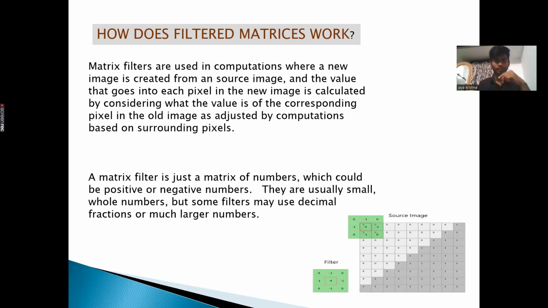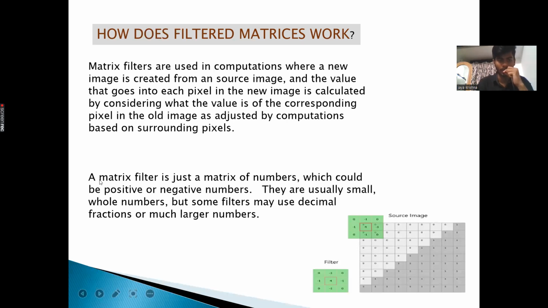As shown in the figure, the value for each pixel in the new image is calculated by considering the corresponding pixel in the old image and its surrounding pixels. This is what the first paragraph says about how filter matrices work.